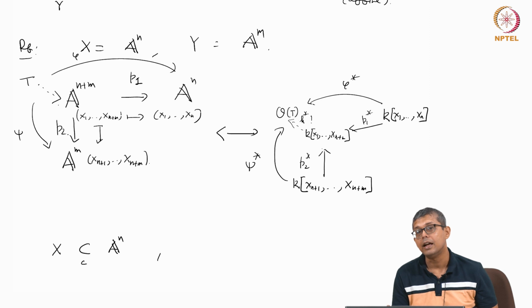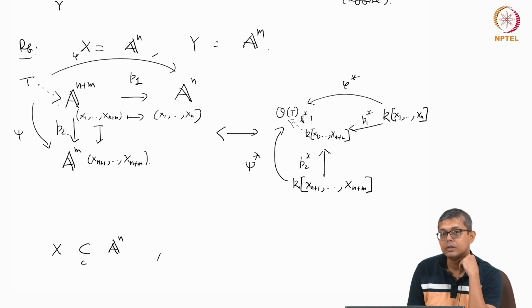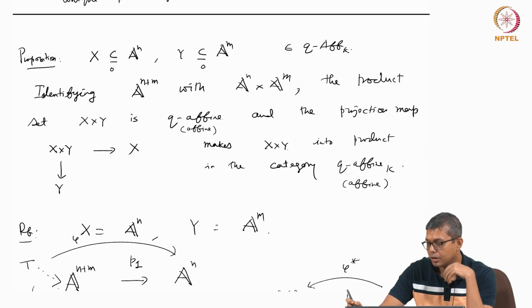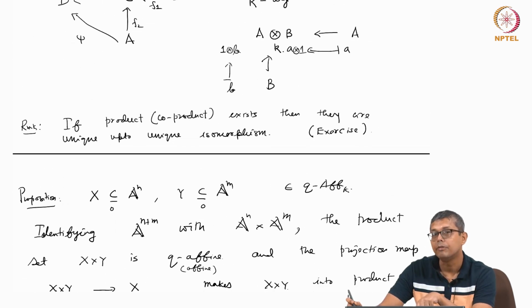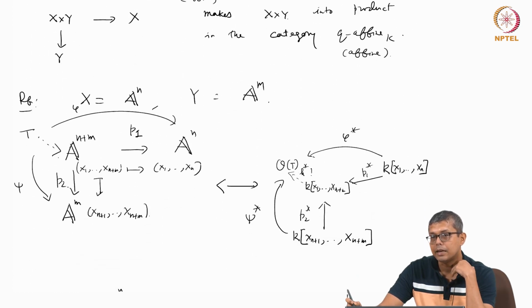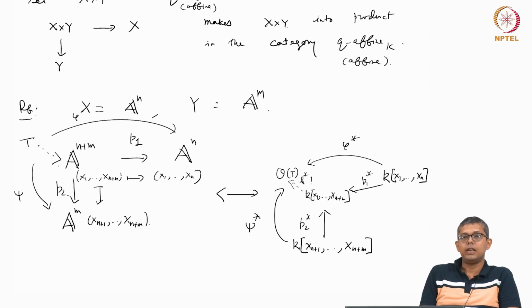The co-product exists in the category of finitely generated K-algebras. In the category of K-algebras, the co-product is the tensor product. K[x1, x2, ..., xn] tensor K[xn+1, ..., xn+m] is nothing but K[x1, ..., xn+m]. Remember K[x] tensor K[y] is K[x, y] basically.